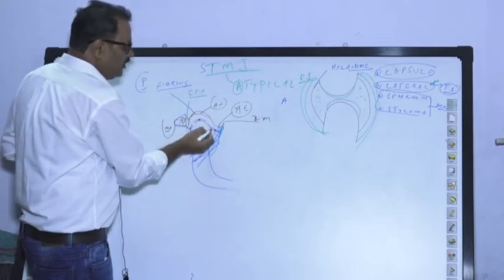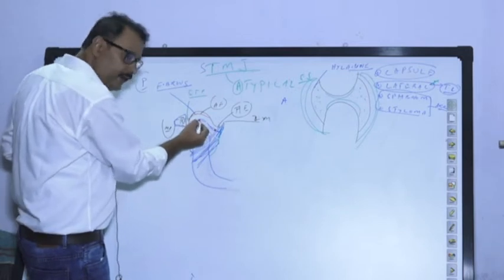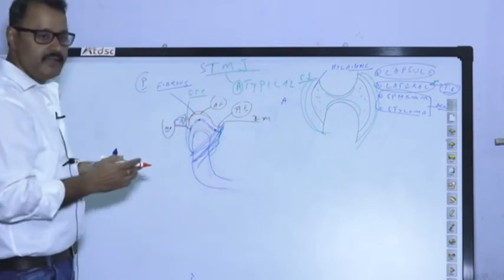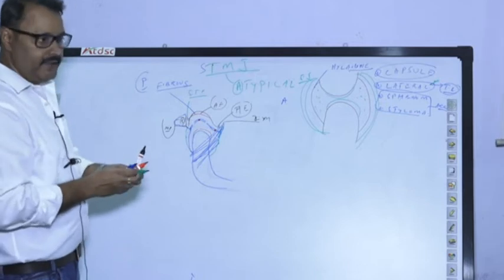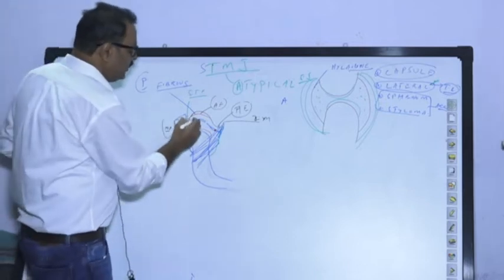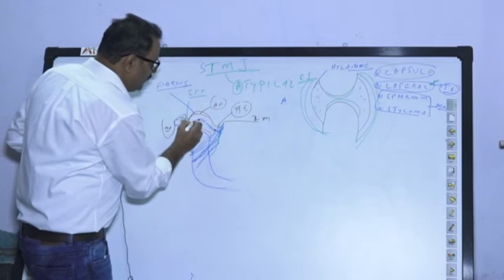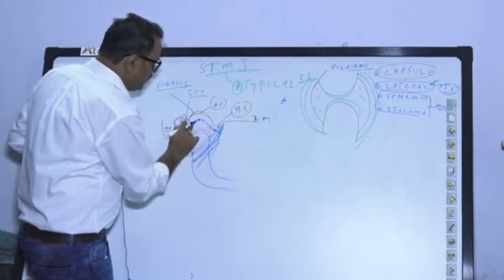Then you have the intermediate zone. Then you have the posterior band, and this one is known as the bilaminar extension, or retrodiscal part of the articular disc. This is called the retrodiscal part.